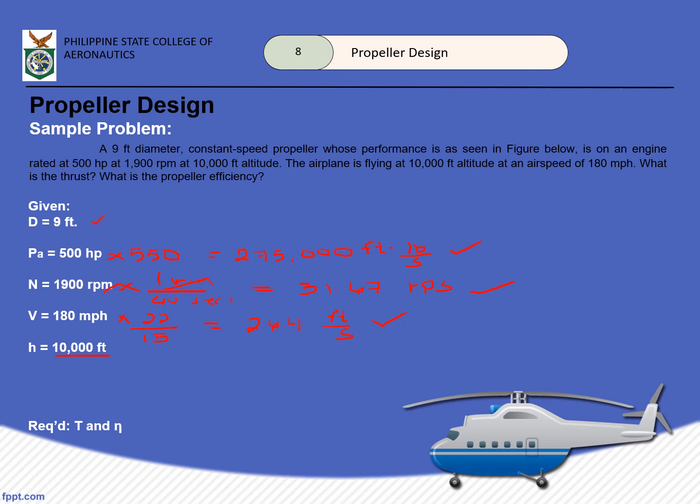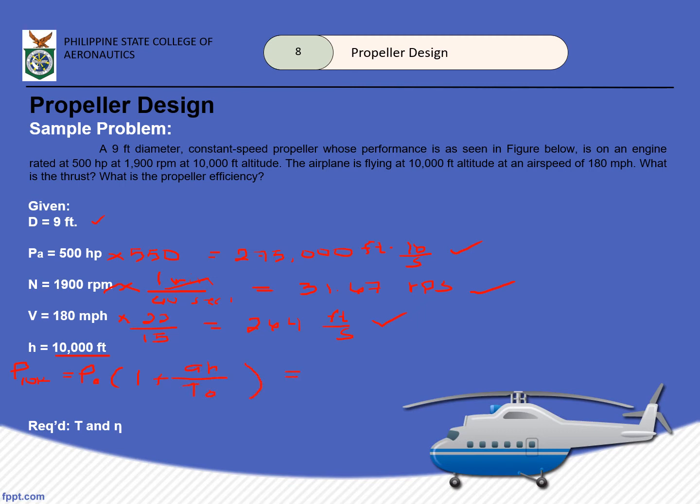So where will the formula come from? We would get the density at 10K altitude by using our most beloved formula: density equals density sub O times 1 plus A H over T O, all raised to the exponent.